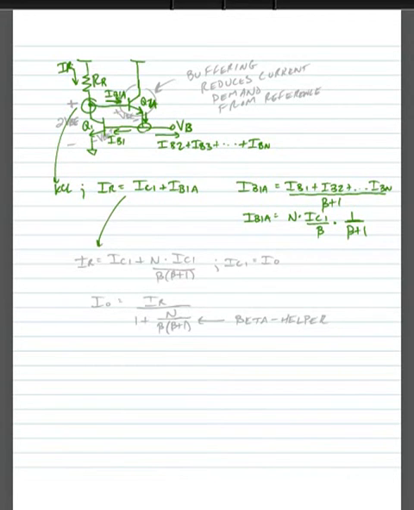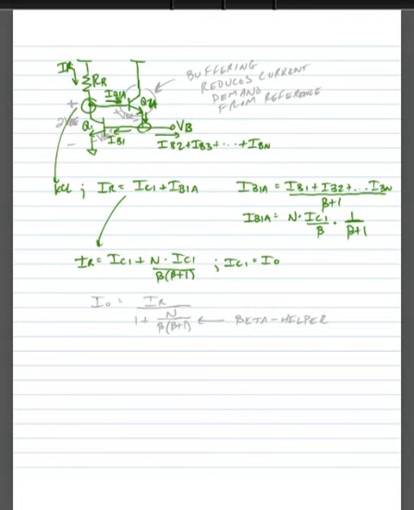Now we can substitute back into our original reference current expression. Say IREF is equal to IC1 plus N times IC1 divided by beta times beta plus 1. And of course, we want to write this in terms of output current, so we note IC1, we desire IC1 to equal the output current for all of our other devices.